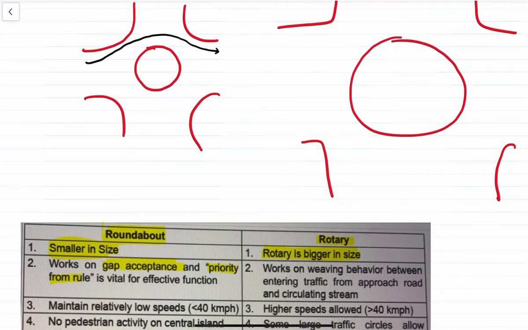So what happens is that there are movements of vehicles in every direction at the same time.